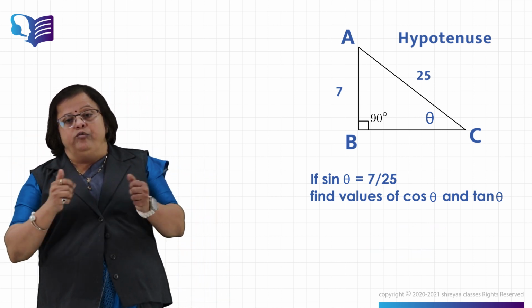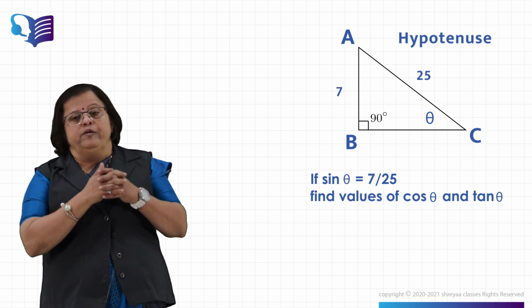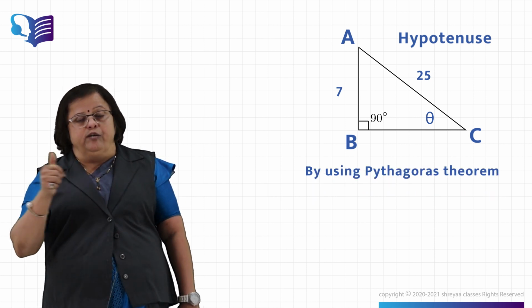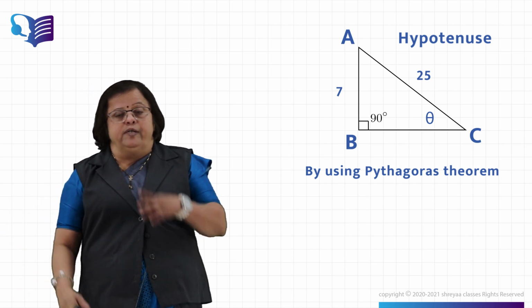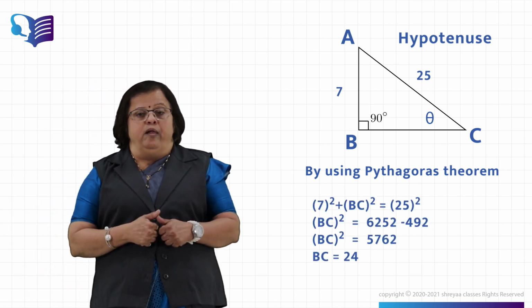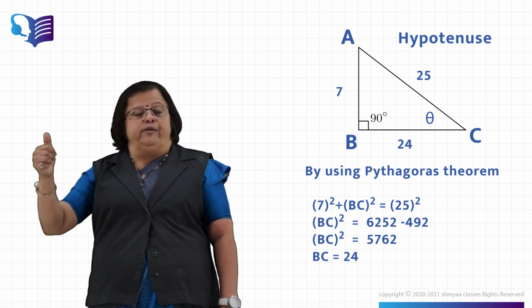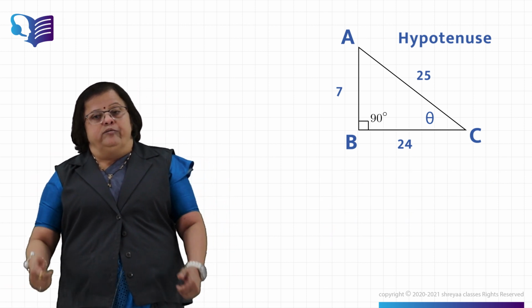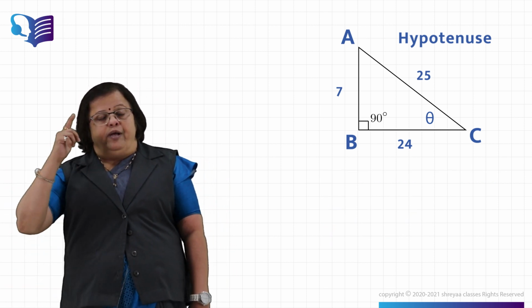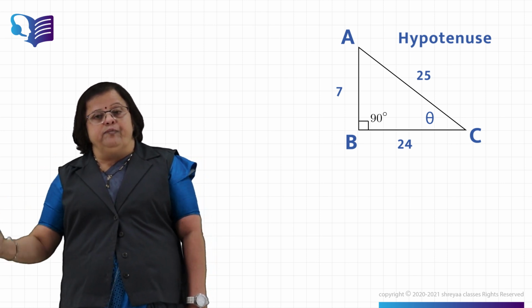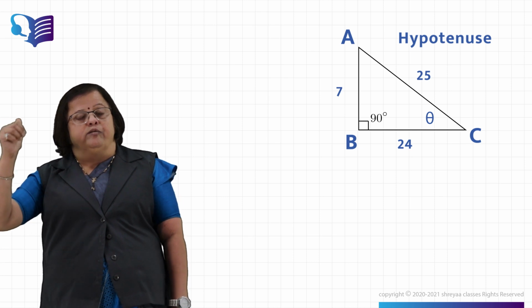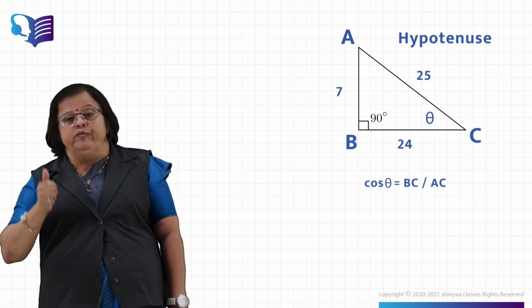Very good. Now you have to find out BC. How you will find out? Yes, very good. Pythagoras theorem. So apply Pythagoras theorem. Fatapat. So what is BC? Yes, BC will be 24. Correct. So now in triangle ABC, side AB is 7, side BC is 24 and side AC is 25. Then how you will write cos theta?